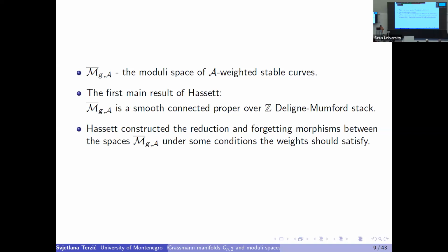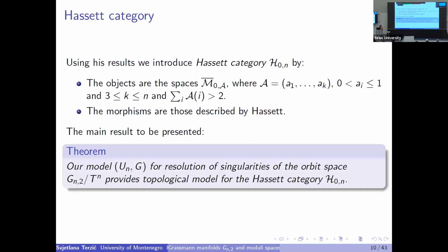And I'm going to present how we established a relation between these two categories. One is a topological category, described purely in topological terms, and the other is a theory in terms of purely algebraic geometry. Using the results of Brendan Hassett, we introduced the notion of the Hassett category, H_{0,n}. Actually, we considered only weighted curves of genus 0.